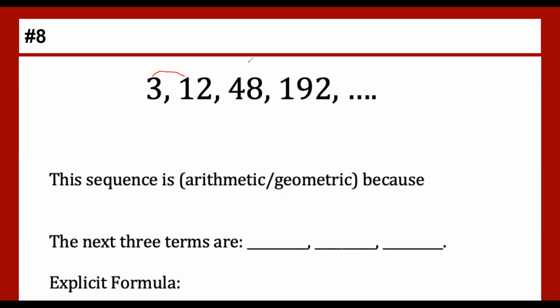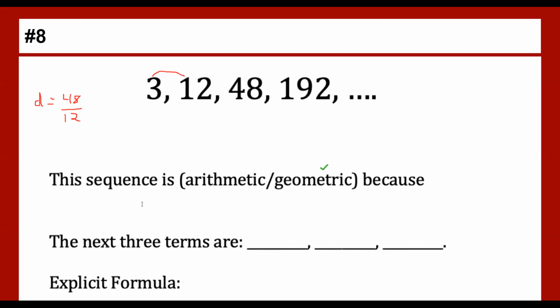But if I wanted to calculate my common ratio, I could take one of my terms, let's say 48, and divide it by the previous term, which is 12. So clearly I have a geometric sequence because I'm multiplying by 4 each time.